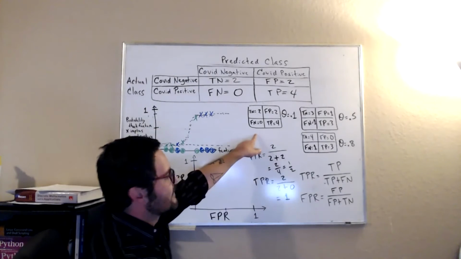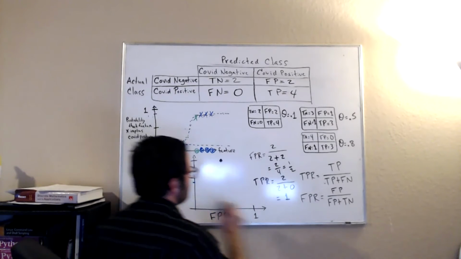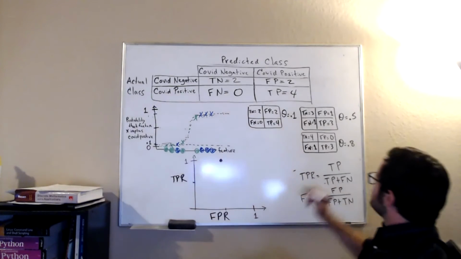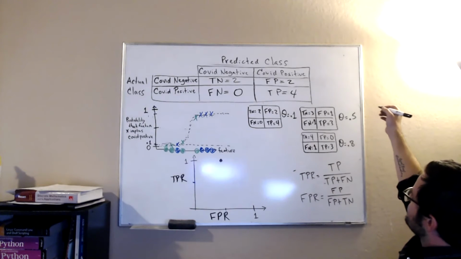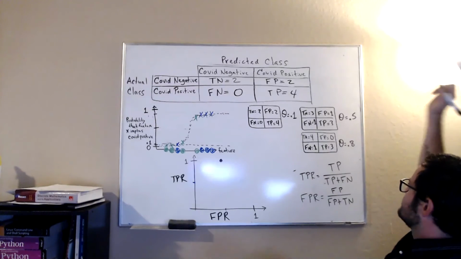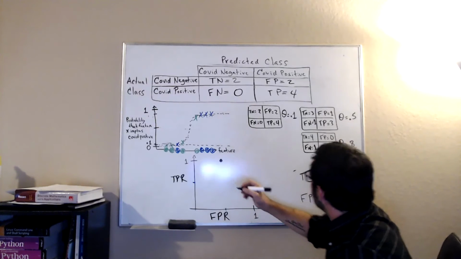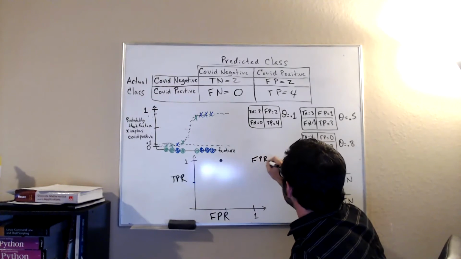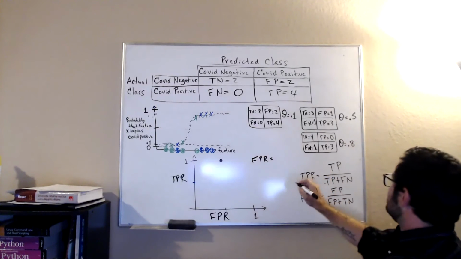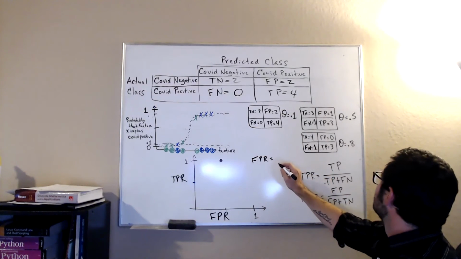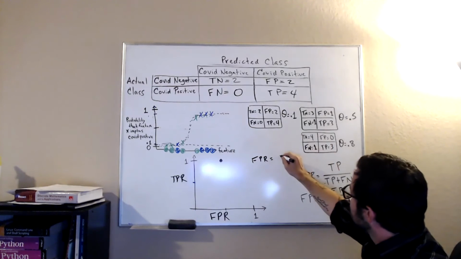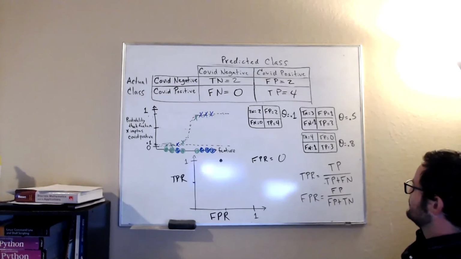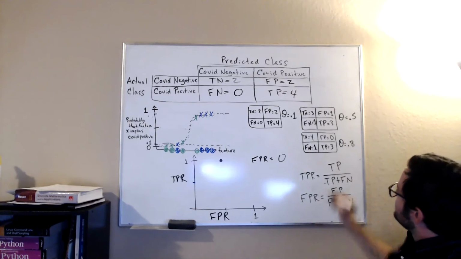All right, so that was for that choice of threshold. Next, let's do that for theta equals 0.8. For theta equals 0.8, the false positive rate is going to be 0, because the number of false positives will be 0.